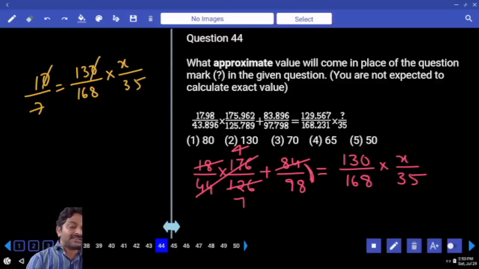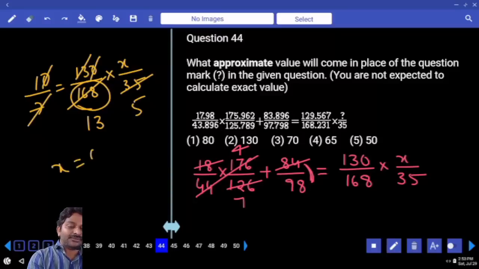The zeros can be cancelled here. If the denominator is 169, 13 times only. Approximate 7 how many times? Then x is equal to 13 into 5, 65 final.